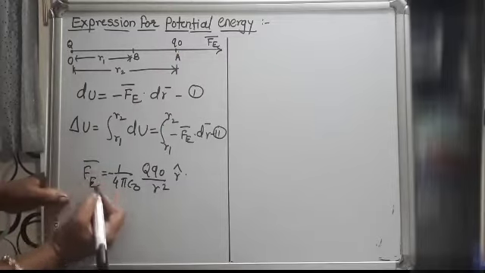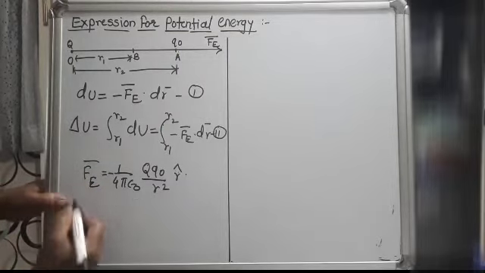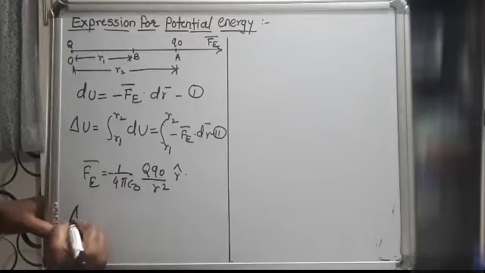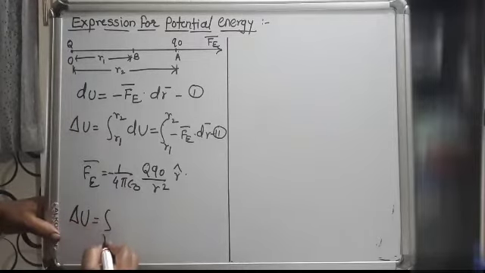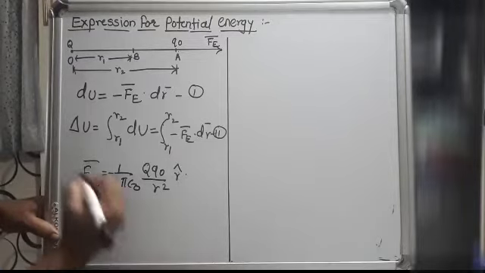Now we calculate the increase in potential energy, denoted delta U, which is the integration from r1 to r2, as the displacement is from r1 to r2.